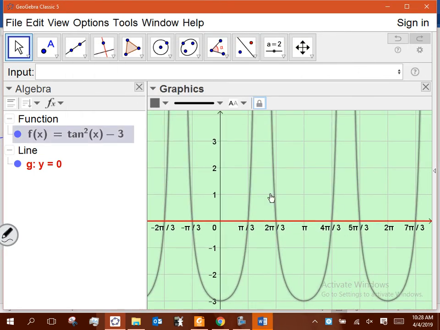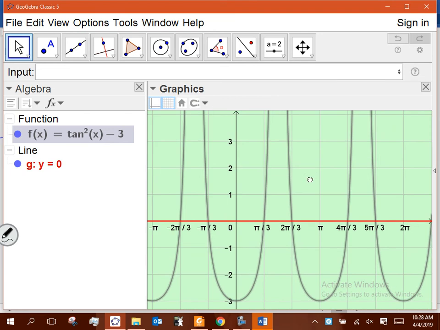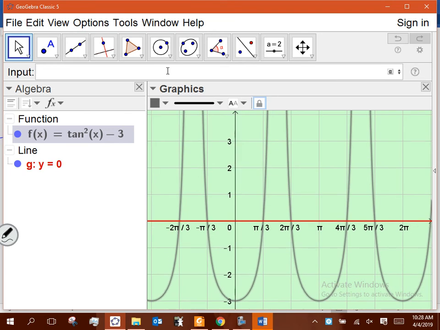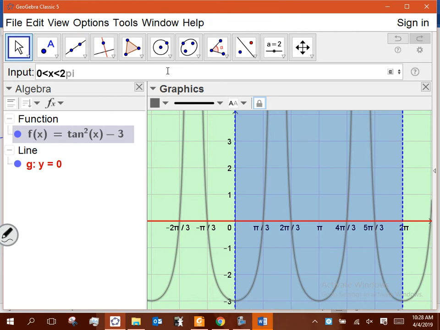So there we see that inside one interval of 0 to 2 pi. So if I do this, 0 is less than x is less than 2 pi, do we end up with 1, 2, 3, 4 solutions? Okay, and that's the 4 that we wrote down.